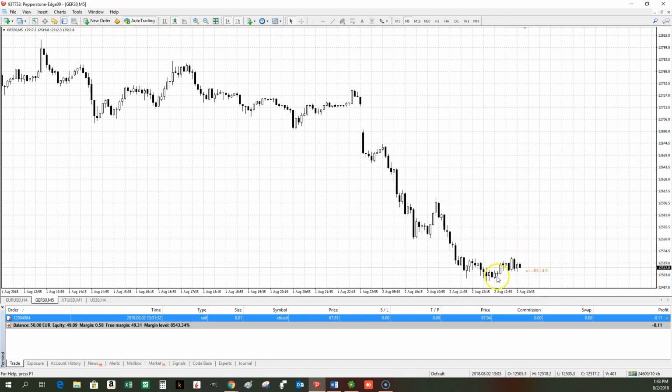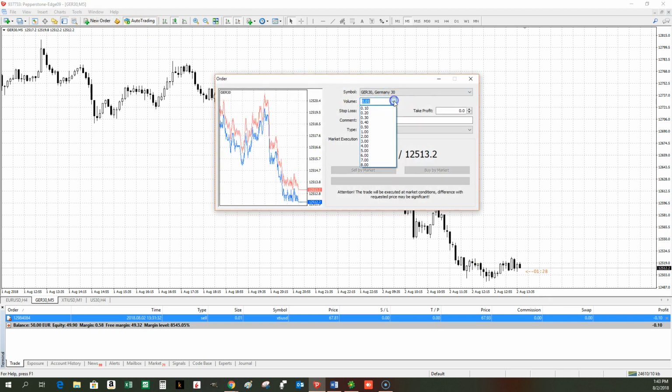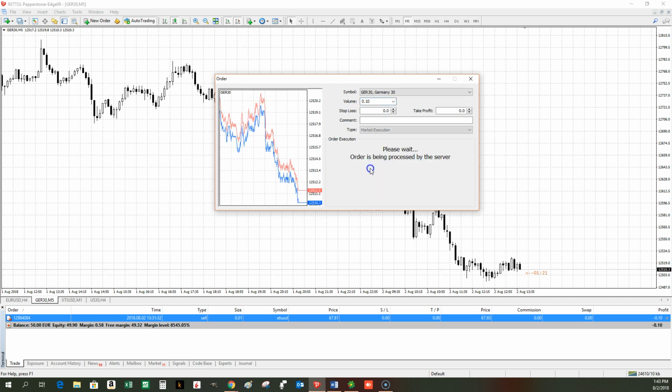You see we have a little wave, and we're going to test this asset. We're going to see if we go a little bit down. So I open a trade. Now on this asset we have trades open, minimum 0.10 lots.